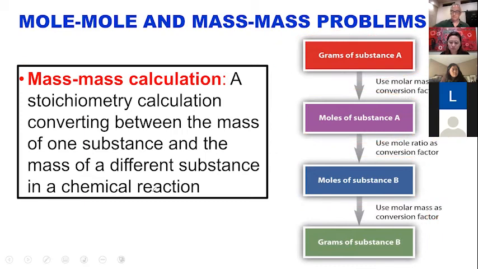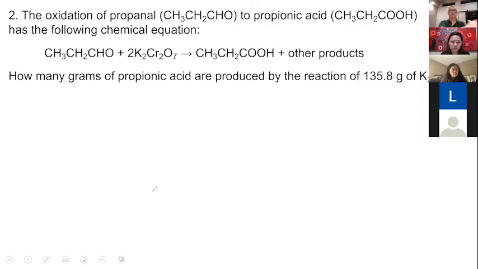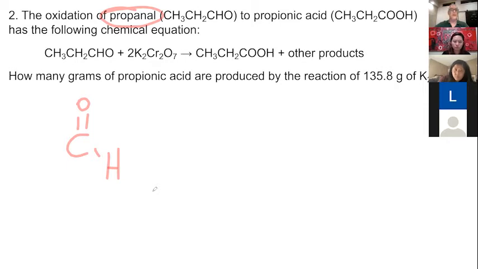So let's finish with this. This is a reaction with a lot of big molecules. We have propanal, and when we do organic chemistry, we'll talk more about propanal. It has a group that looks like this. We call that an aldehyde, and when we have an aldehyde, we put the suffix -al at the end.